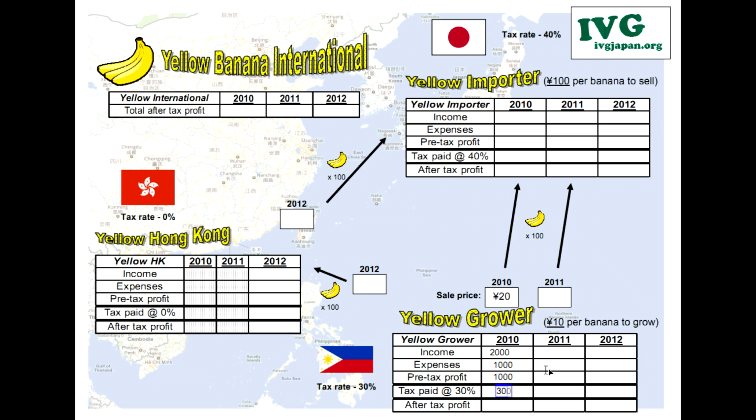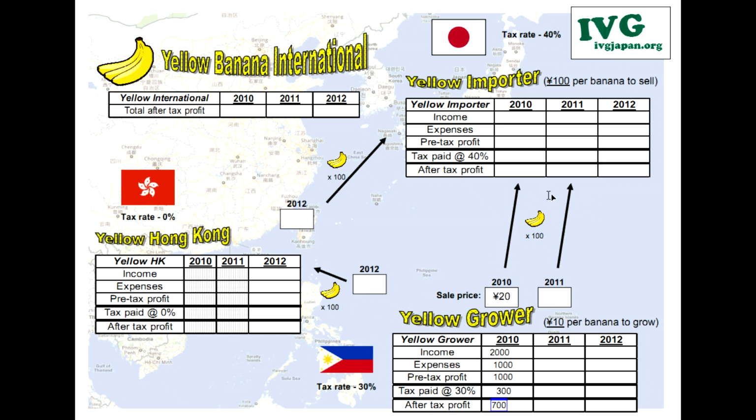So 30% of 1,000 is 300 yen, which means their after-tax profit is 700 yen. The important thing to point out here is this 300 yen, which they're paying to the Philippine government, is what the Philippine government uses to spend on schools and hospitals, infrastructure, roads, and improving the lot of their people.